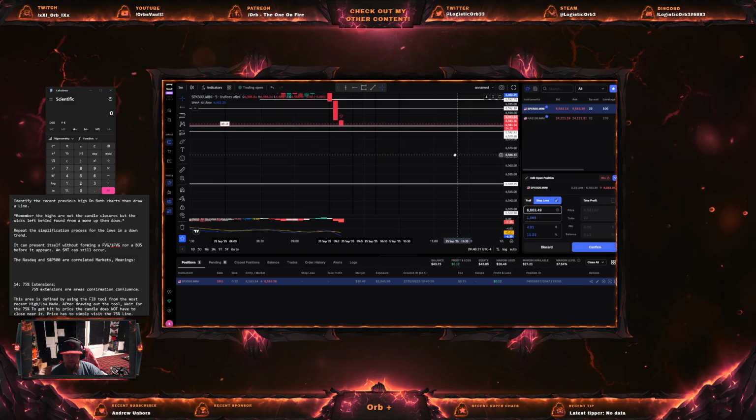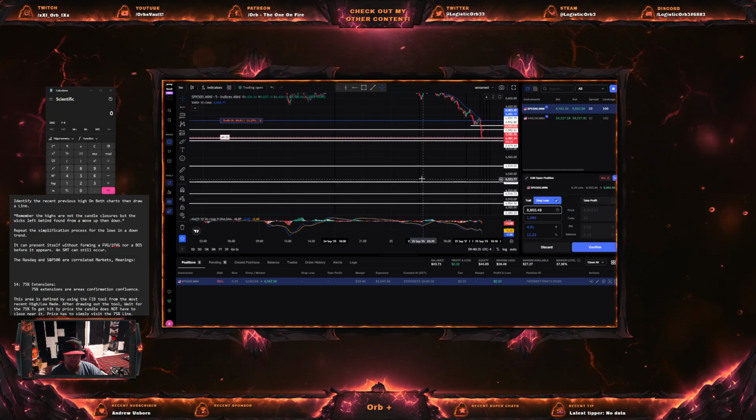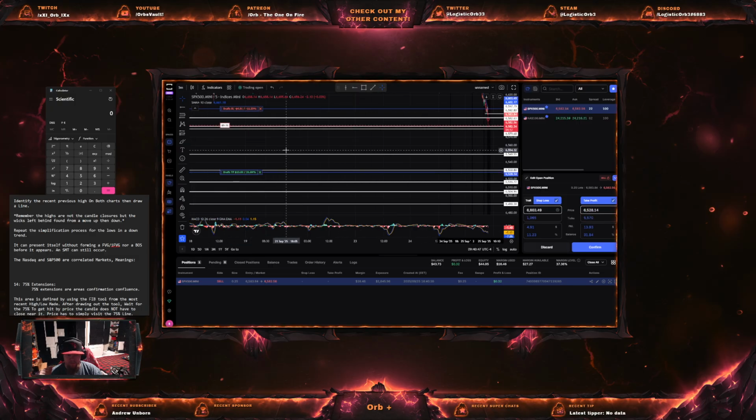Based on that fair value gap, I am taking this trade. This is on S&P. My end profit is going to be roughly right here. It's good RR.